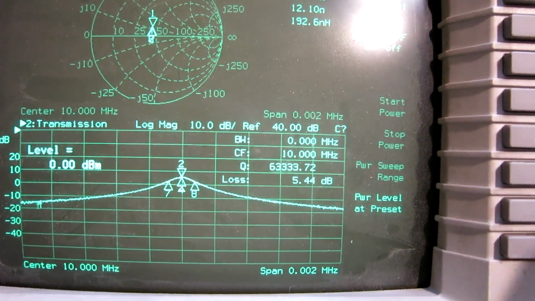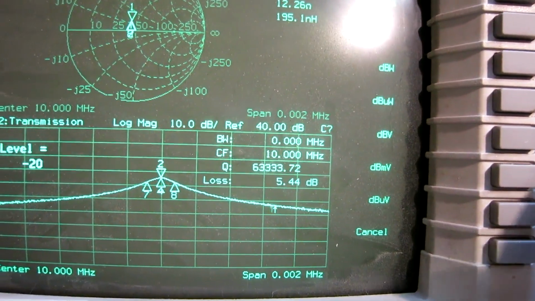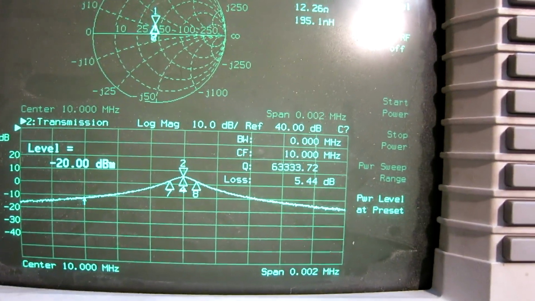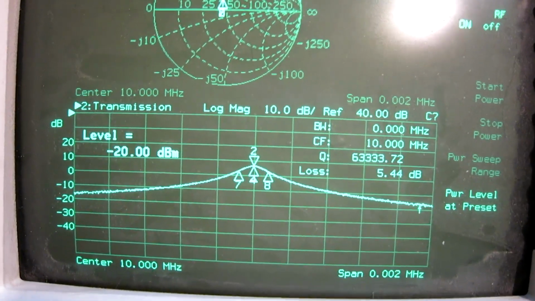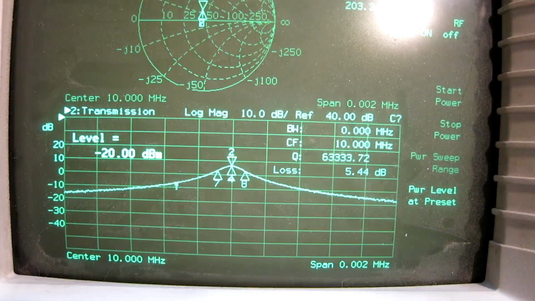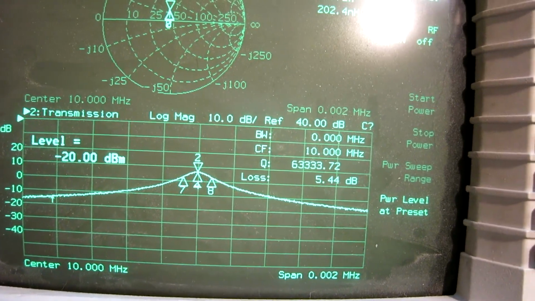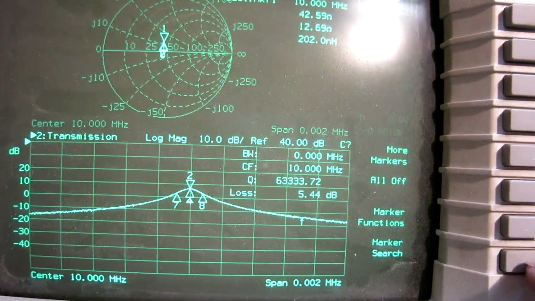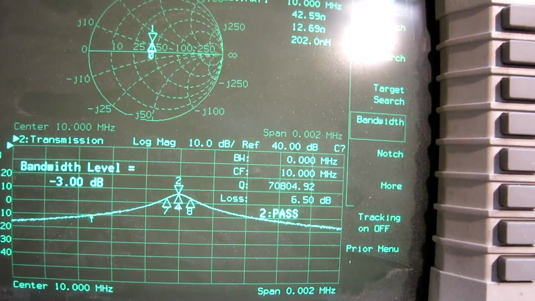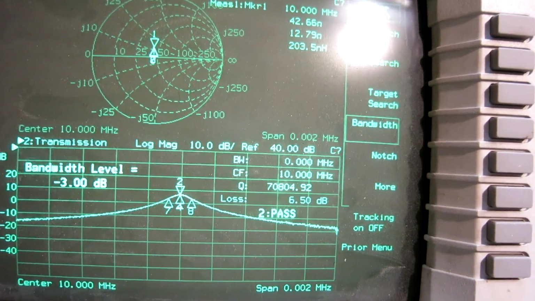So I go for power and level, and -20 means a much weaker signal level. And it is clear that there is a little bit less loss and a little bit higher Q. So marker, and the Q is now 70,000.